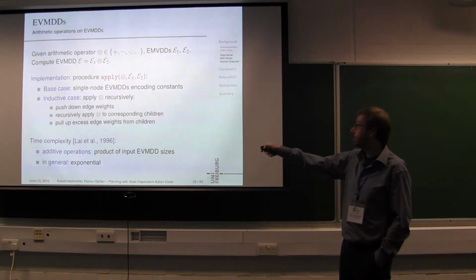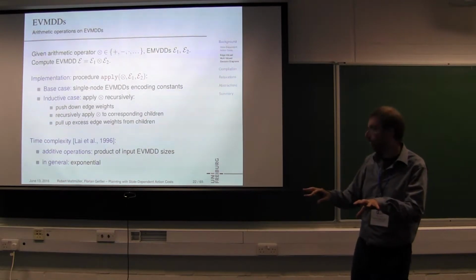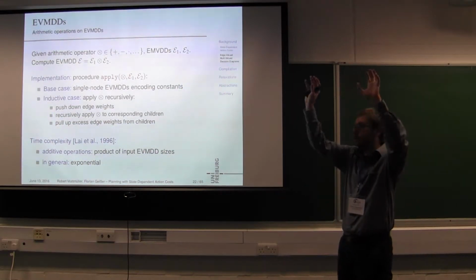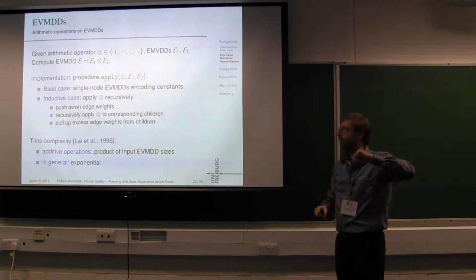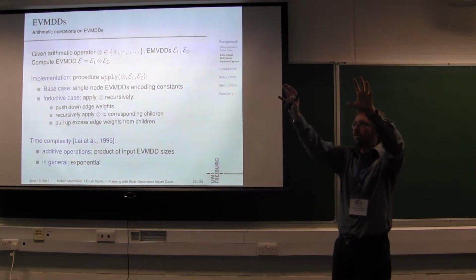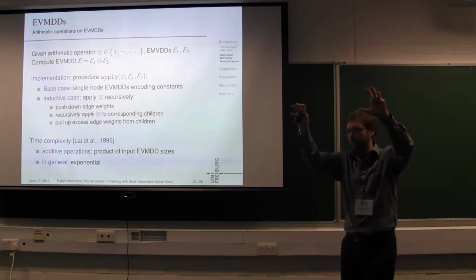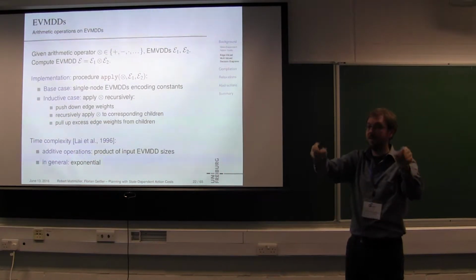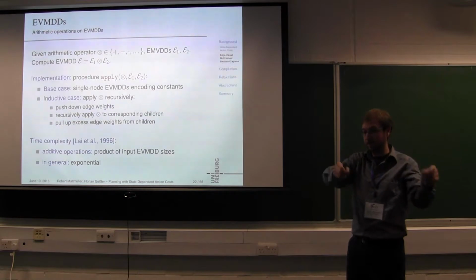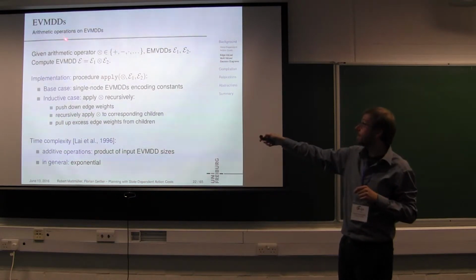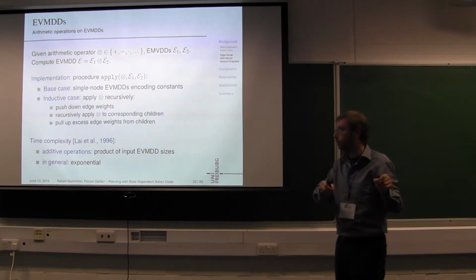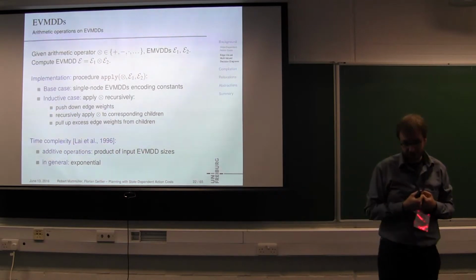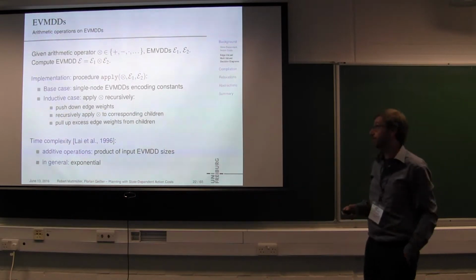The procedure you use is the apply procedure. If you have constant values, it's easy, you just add the constants, or subtract the constants, or whatever. In the inductive case, if you have 2 large edge-valued MDDs, you take the common decision node, the root, look at the corresponding children, first push down edge weights, then recursively apply your arithmetic operator to the corresponding children, put the results together into one large MDD, and pull up the edge weights from the bottom.